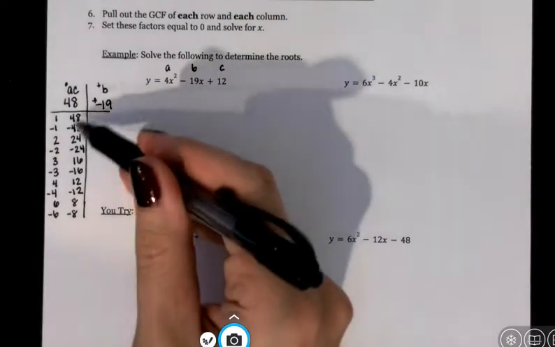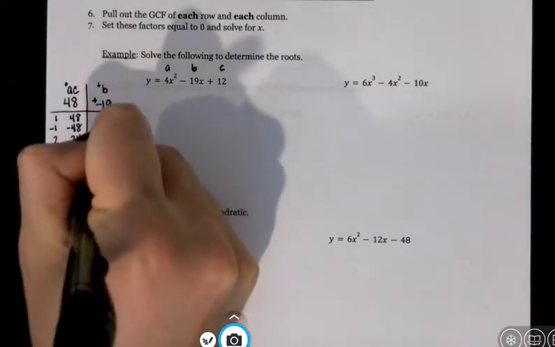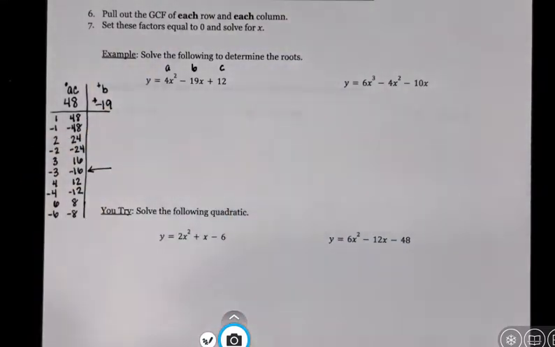So of my list here, I want the pair that adds up to a negative 19, which is going to be negative 3 and negative 16. So that pair right there.